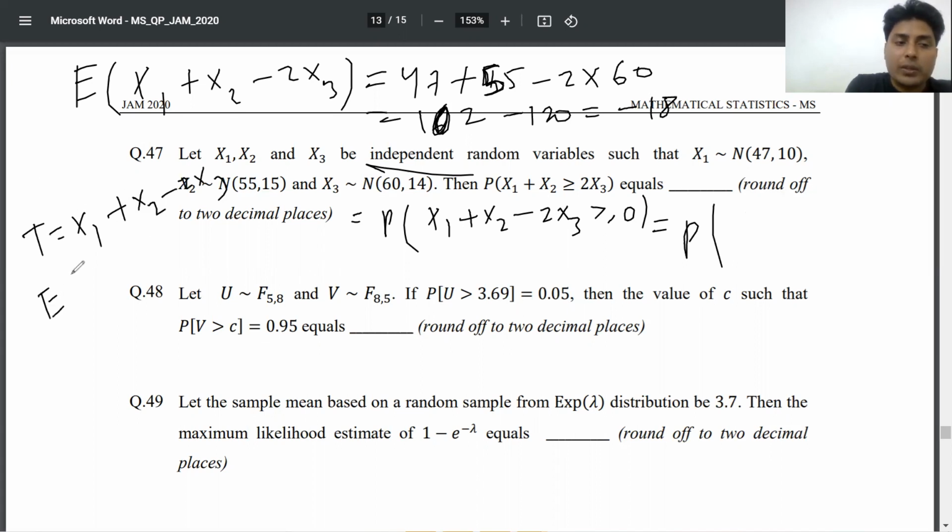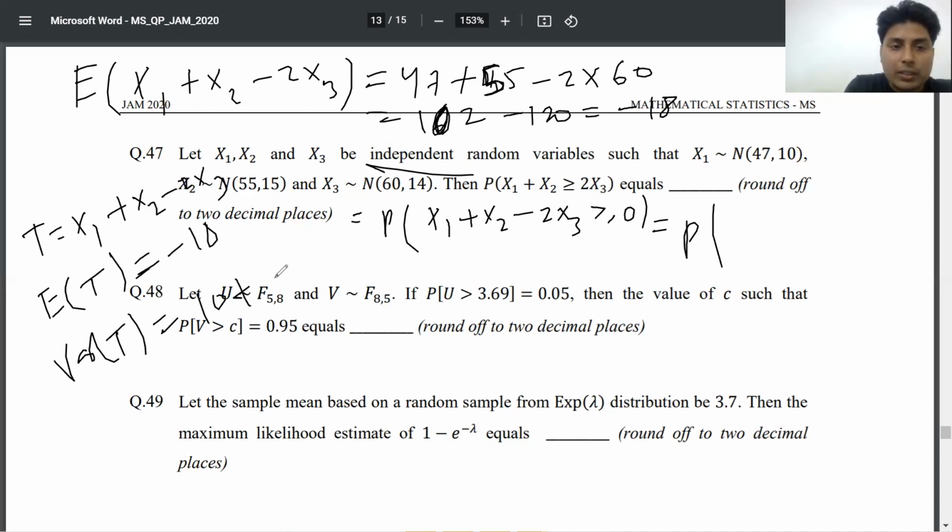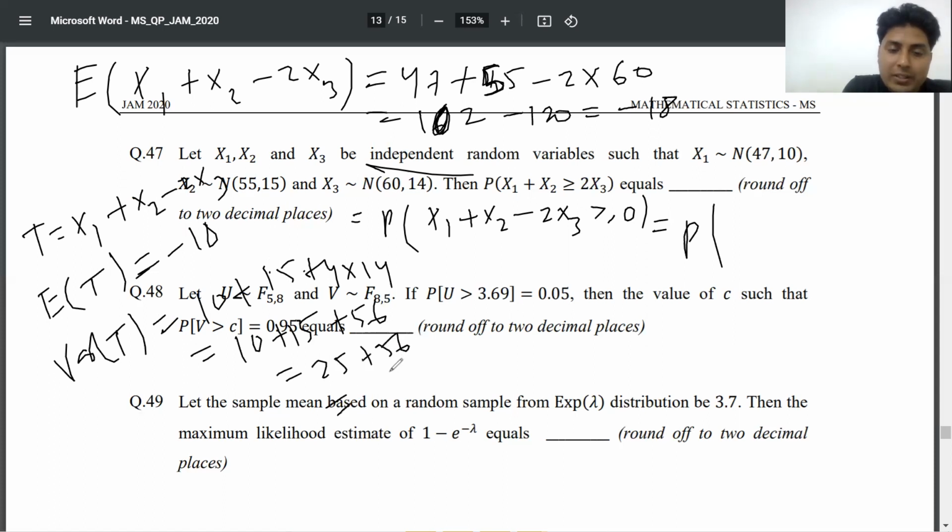So expectation of t I got is minus 18, and variance of t, if you calculate: variance x1, that is 10, variance x2, that is 15, and in variance, minus 2 square will come out. So it's 4 times variance of x3, which is 14. So it will be 10 plus 15 plus 56, so 25 plus 56, that is 81.